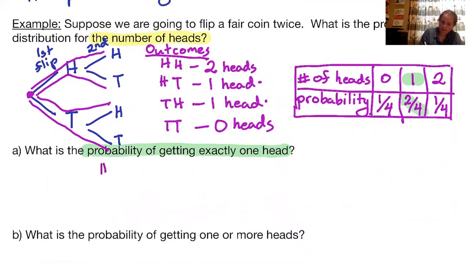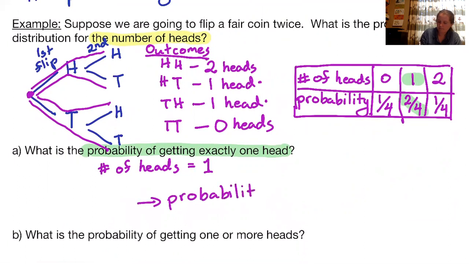So the number of heads equals 1. The probability is 2/4 or 1/2.